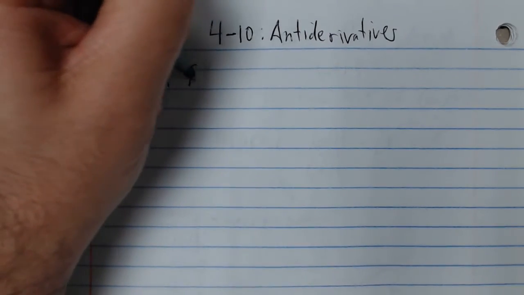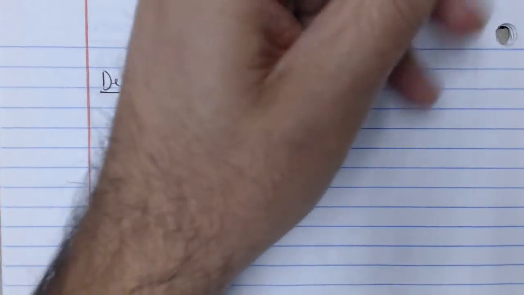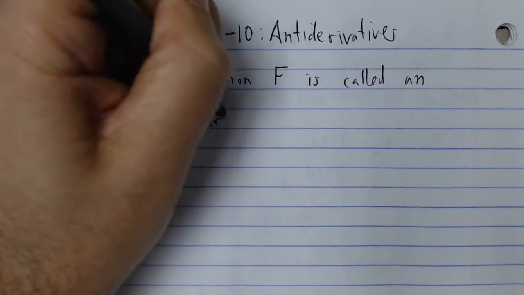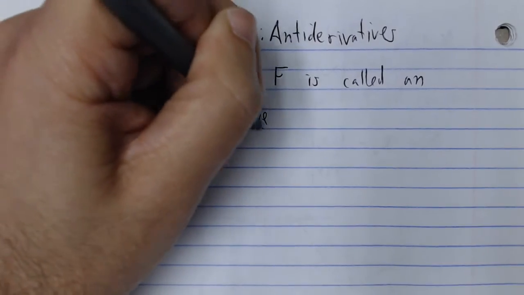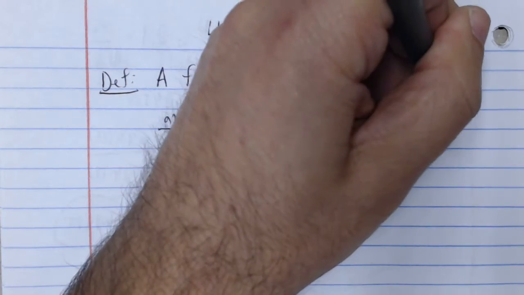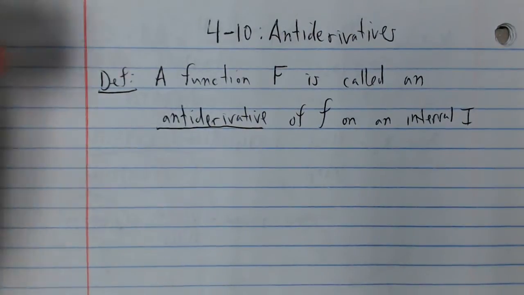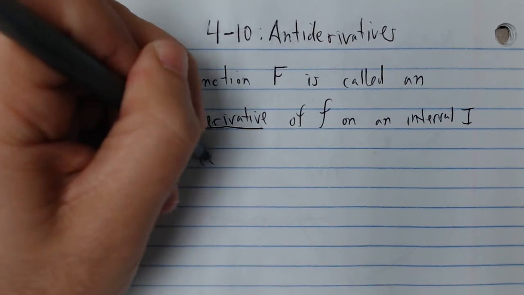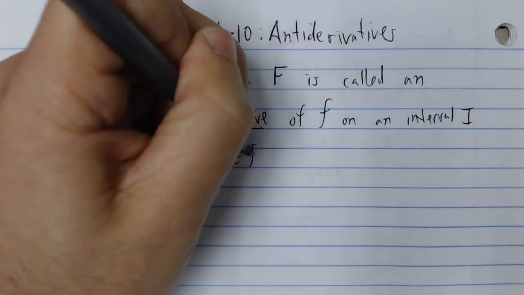We could say a function, let's call it capital F, is called an antiderivative of another function, let's call it lowercase f, on some interval I if I take the derivative of capital F and I get lowercase f.